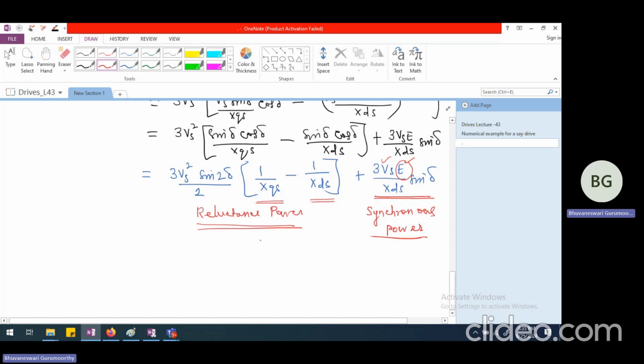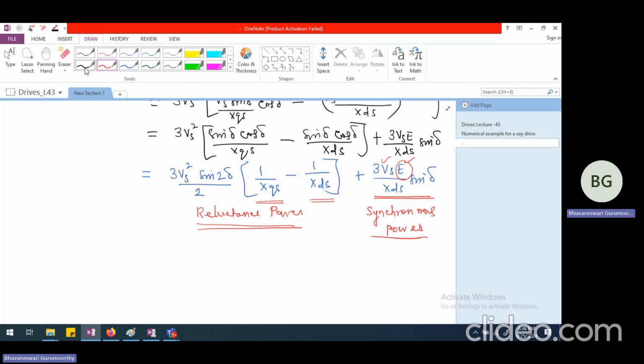It is because the magnetic poles in the rotor, which are salient in nature, want to align themselves. They will be dragged along by the stator side revolving magnetic field. So this is generally known as reluctance power, which will be absent in the case of a cylindrical rotor machine.